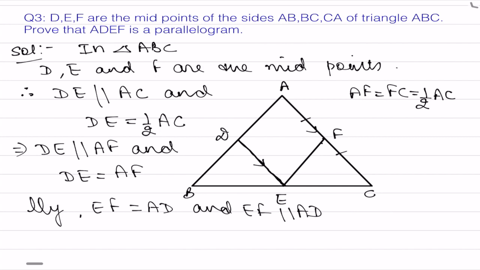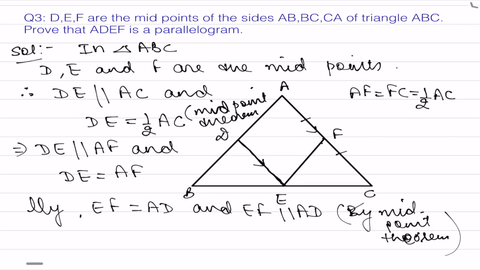So EF is parallel to AB as well as EF is half of AB. So for this you will just write down similarly EF is equal to AD and EF is parallel to AD, and give the reason also here, by midpoint theorem.